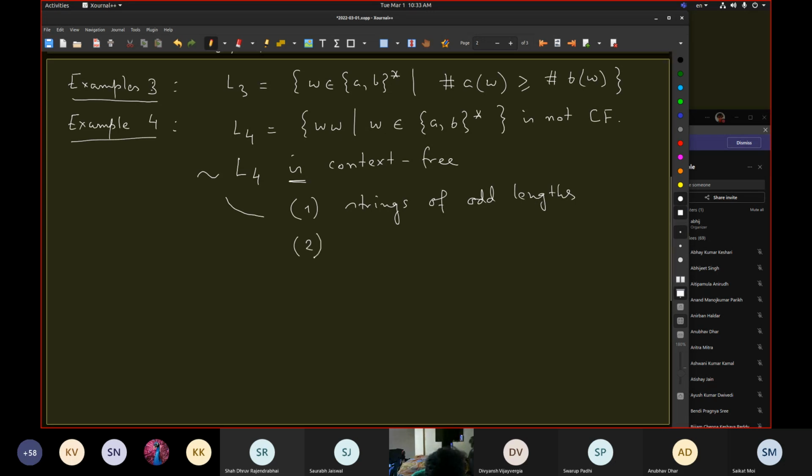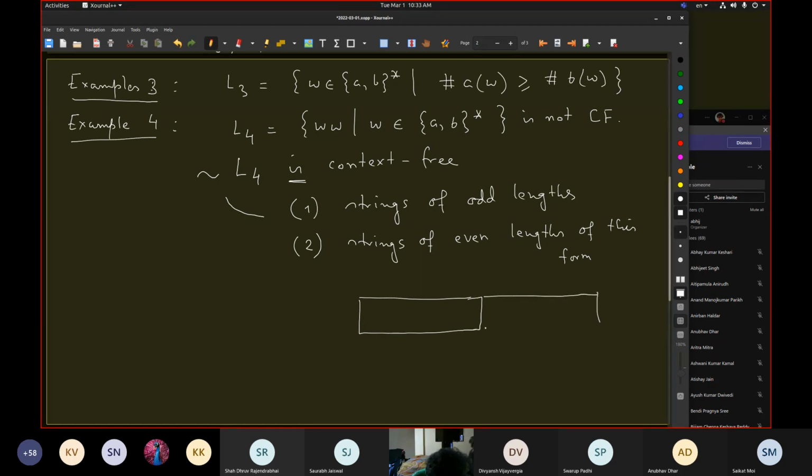Second, strings of even length of this form. So even length means it has a middle. This part and this part are of the same length.